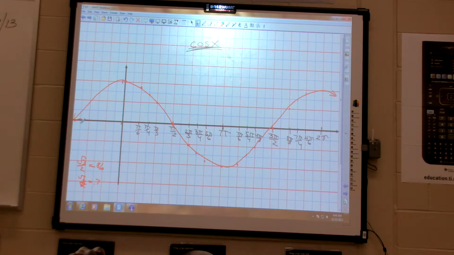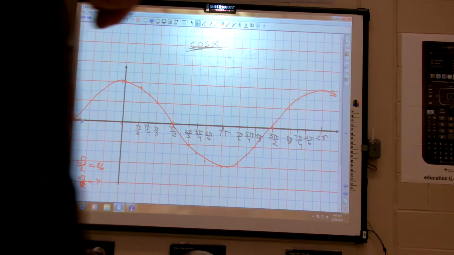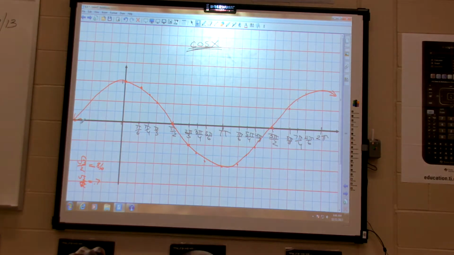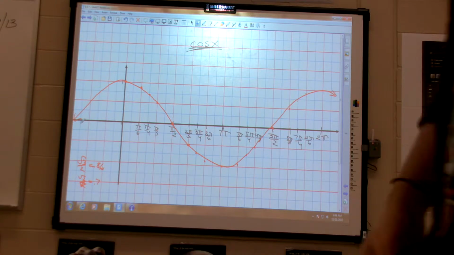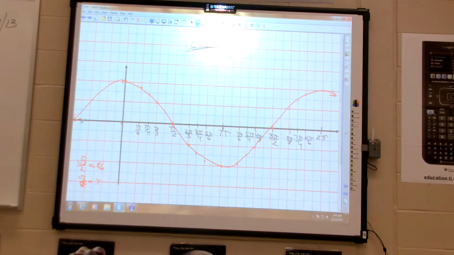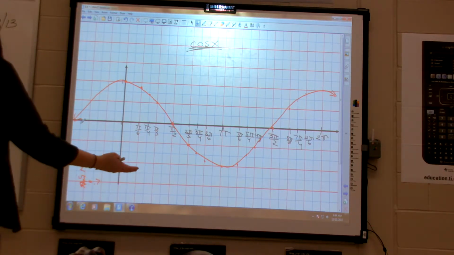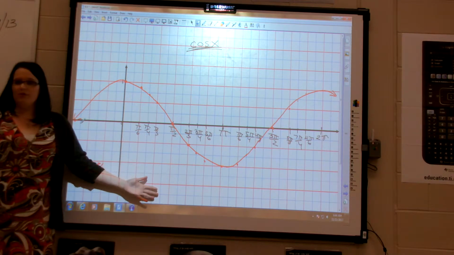Put a ball behind there on the bottom points. Beautiful. So draw a little bit in the negative. It's just going to be a reflection. So if you have room, draw a reflection on the other side. And voila! There's cosine.